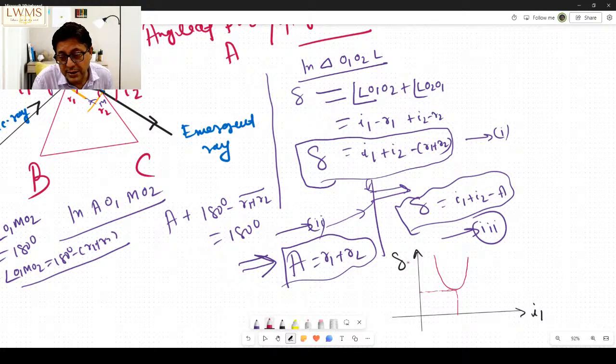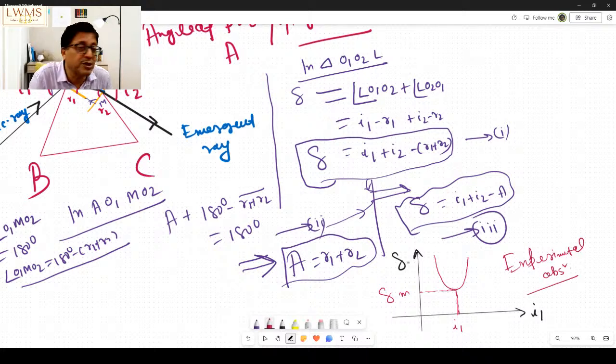How do you answer this? You have to be a little bit good in English writing the answer of this part. So it is experimentally observed, or experimental observation. Okay?